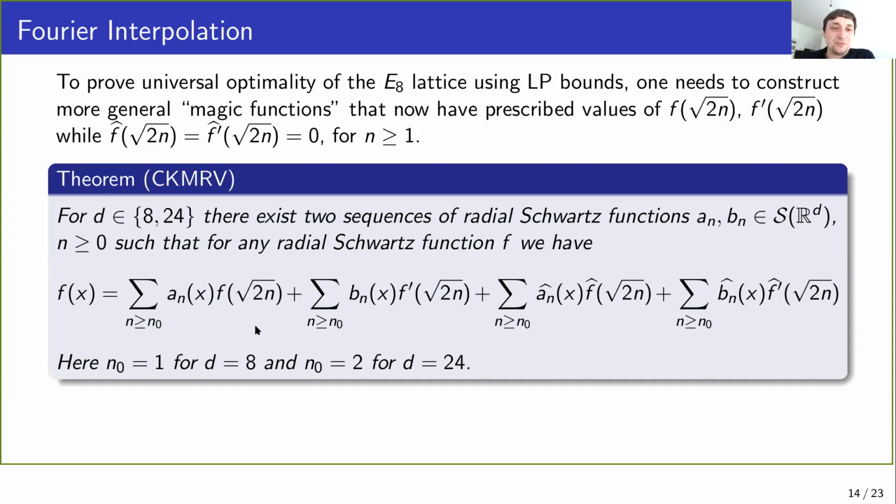And what happens is precisely the best result one can hope for: whatever sequences of numbers you prescribe for these values of f prime and the Fourier transform and the derivative of that at square root 2n, as long as they have certain decay properties, you can always find a unique function. And not only that, there are some finitely many points that you can omit.